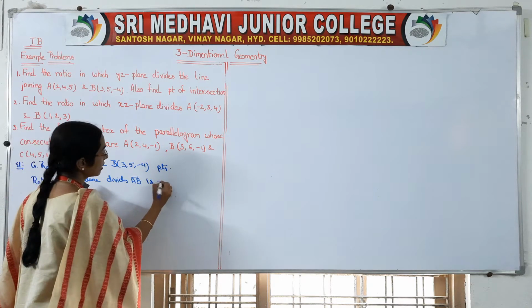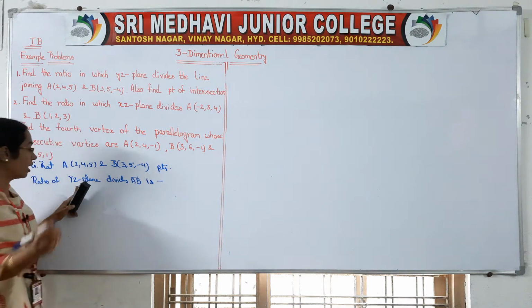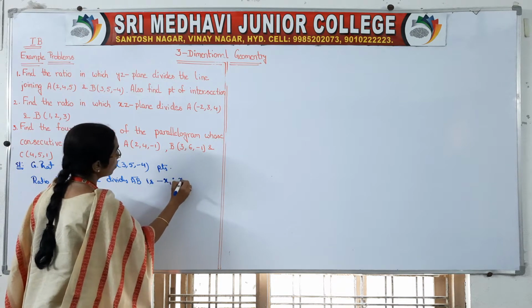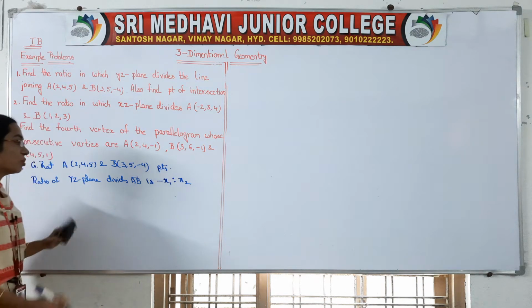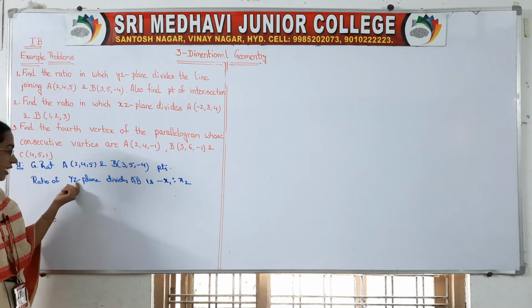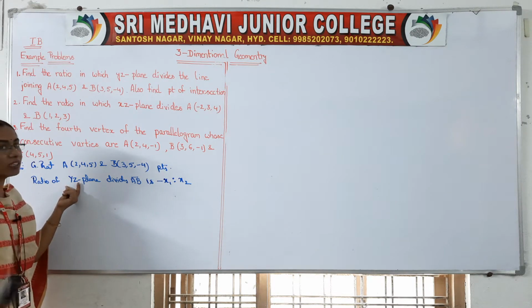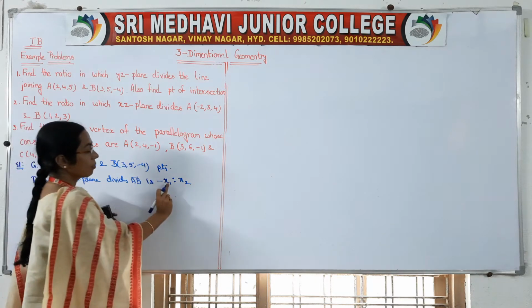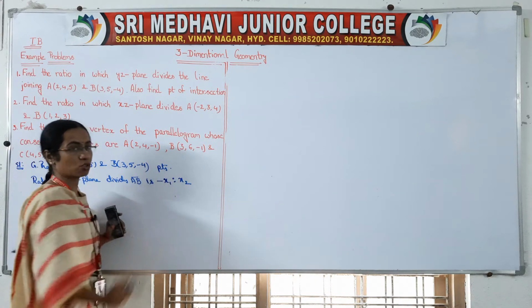So, there is a formula, it is minus of x1 is to x2. The ratio in which the YZ plane divides AB, right? Instead of y coordinates or z coordinates, we will take x coordinate. The formula is minus x1 is to x2.